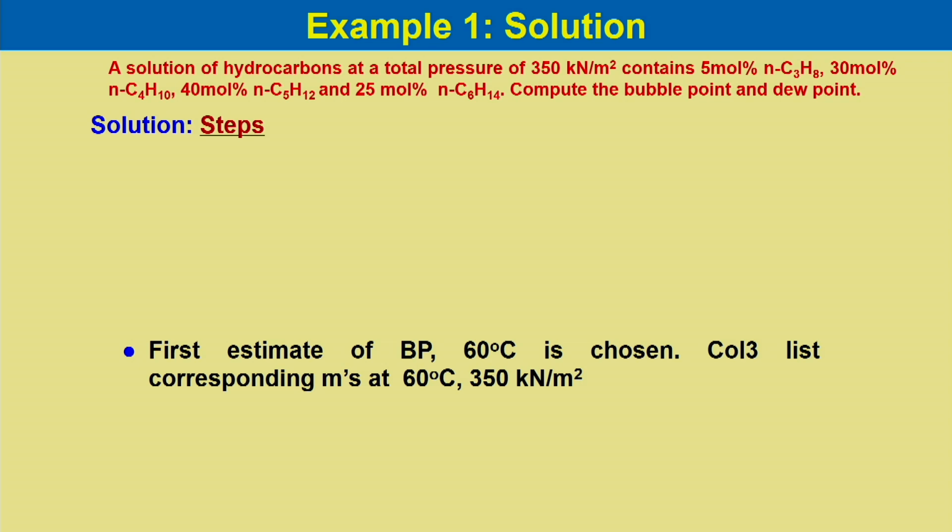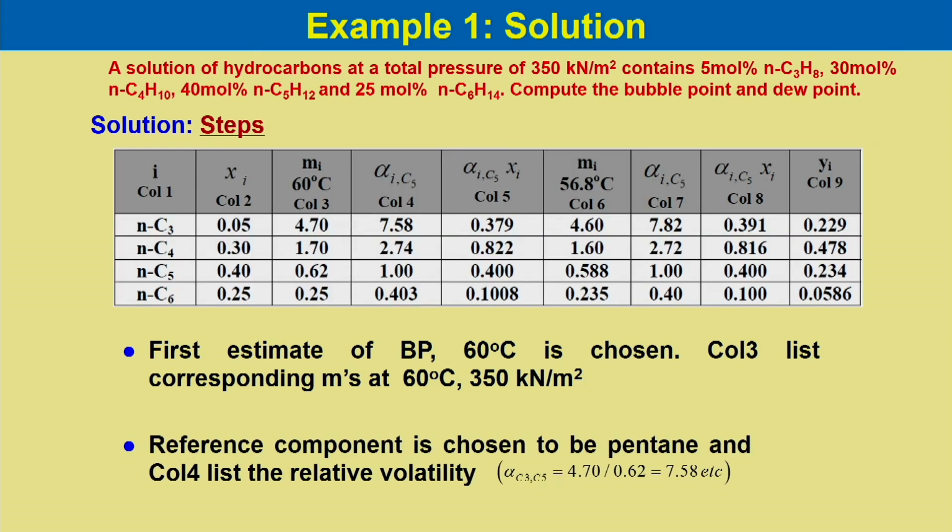First, we need to estimate the bubble point. 60 degree centigrade is chosen, in column 3 over here. With respect to 60 degree, the corresponding pressure we know is 350 kilonewton per meter square.